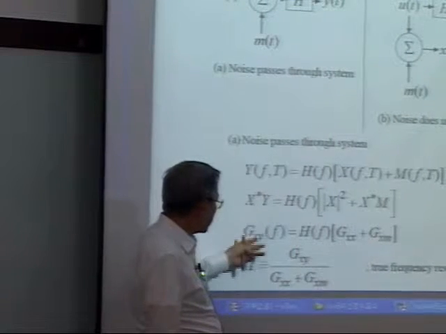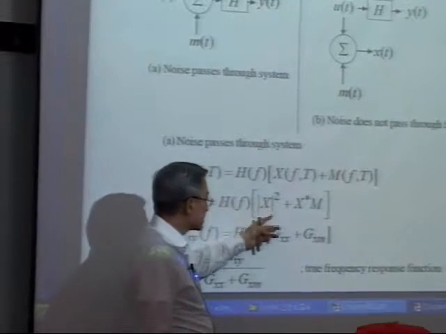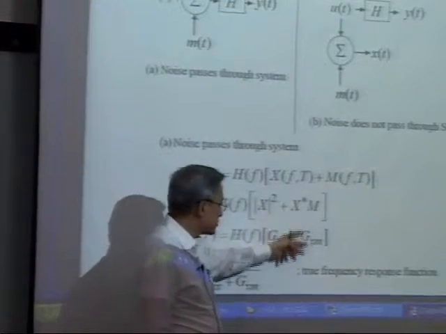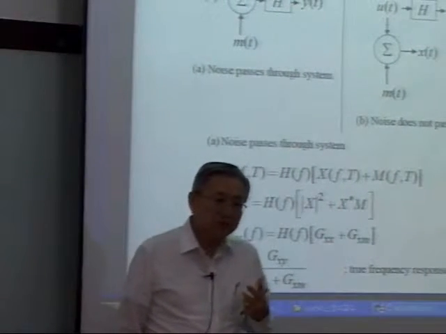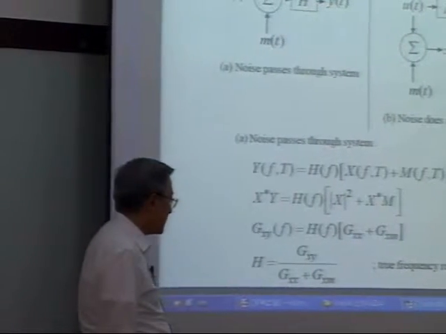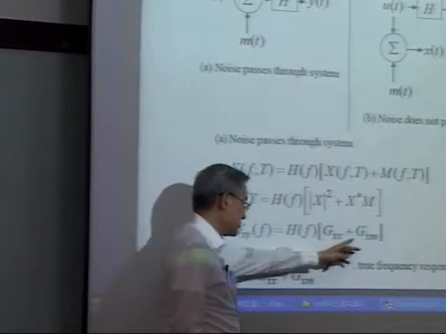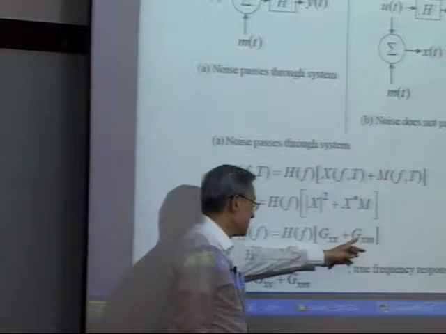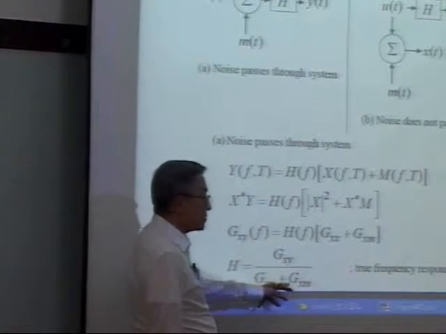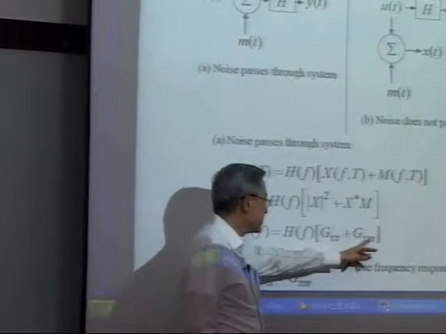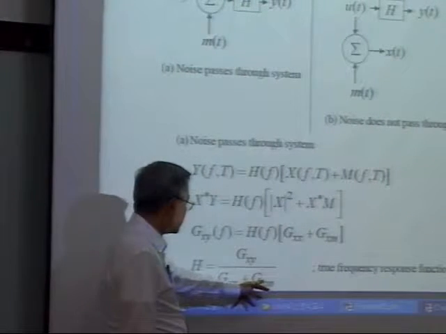So this is GXY, and H stays as is. This is GXX, this is GXM. But GXM, if M is independent, you can just drop that term. If X and M are correlated, then you have to leave it as is. Independent, you can drop that. So just carry as is.